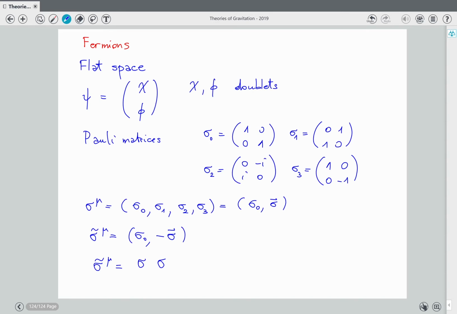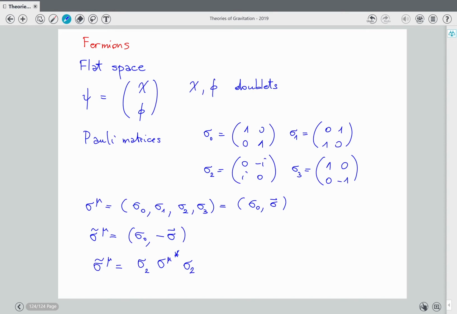You take sigma mu, you calculate the complex conjugate, and you multiply it by sigma 2 to the left and the right. You can check this, because sigma 2 is purely imaginary, where the other matrices are real.